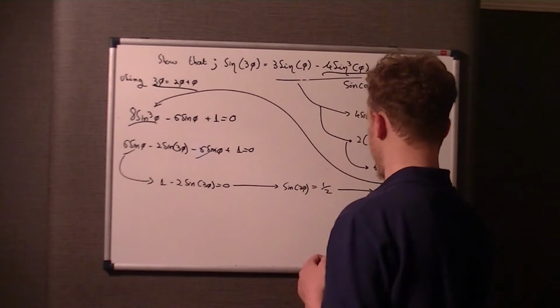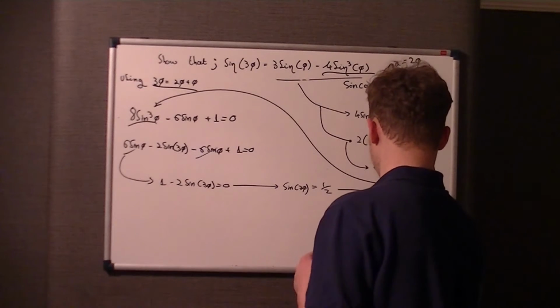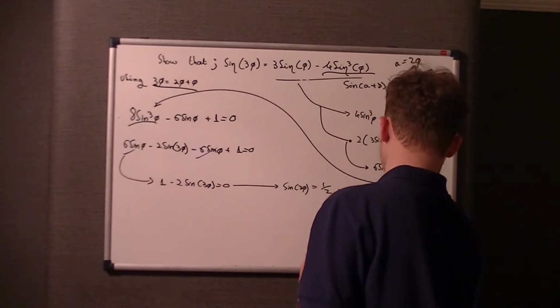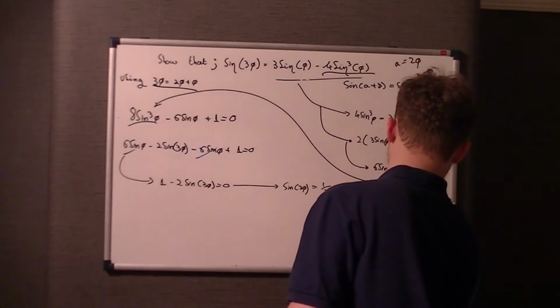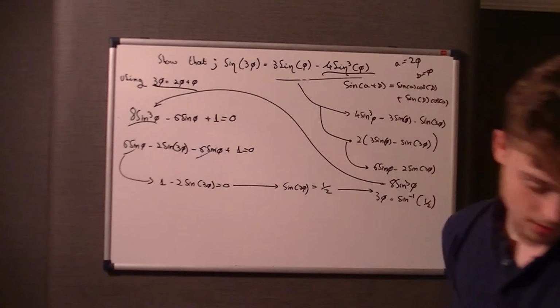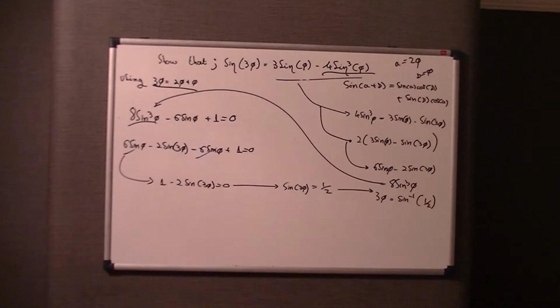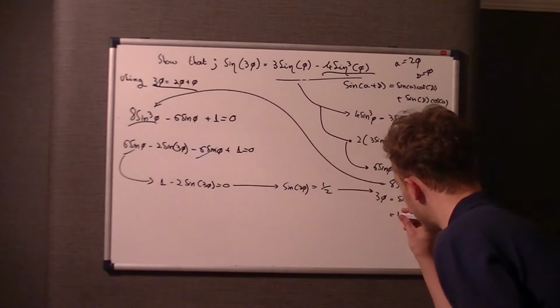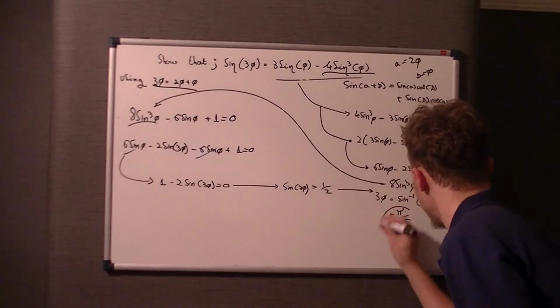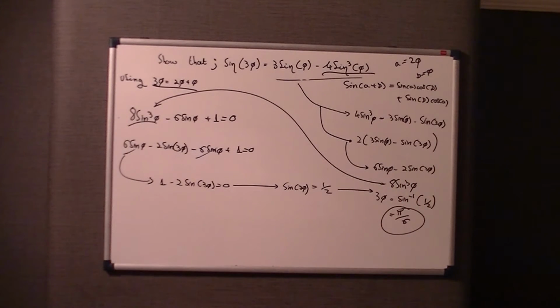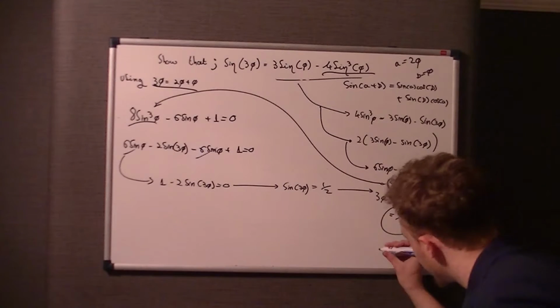The inverse sine both sides. So therefore we get 3 theta is equal to the sine inverse of a half. If you were to do that on your calculators, you should get 3 theta equal to pi on 6. But it wants theta between the range of 0 and pi on 3.